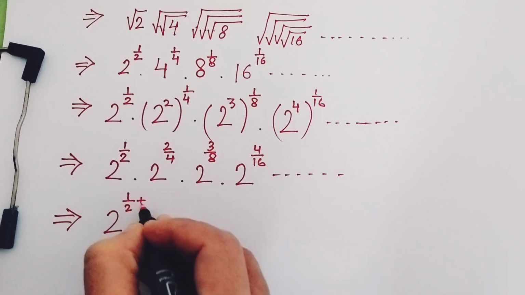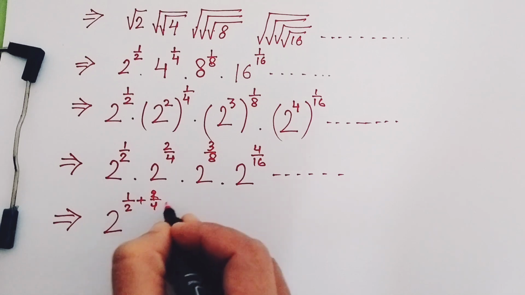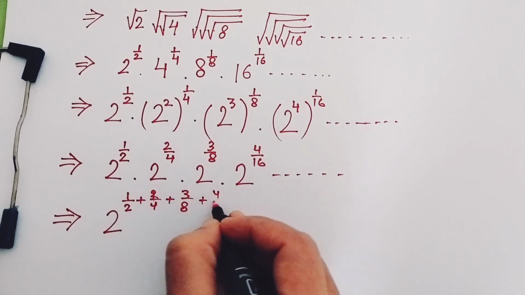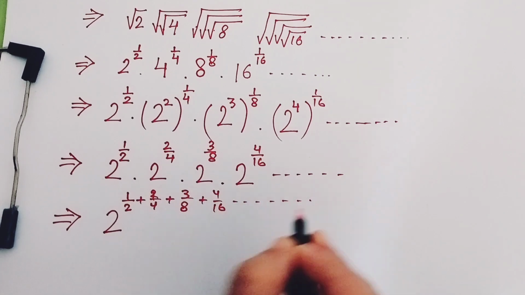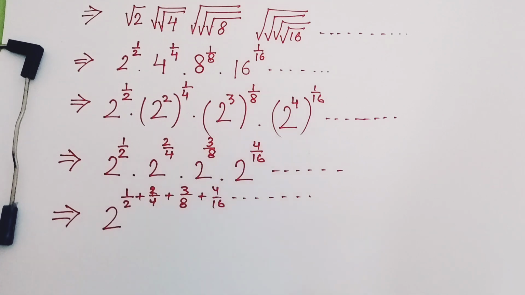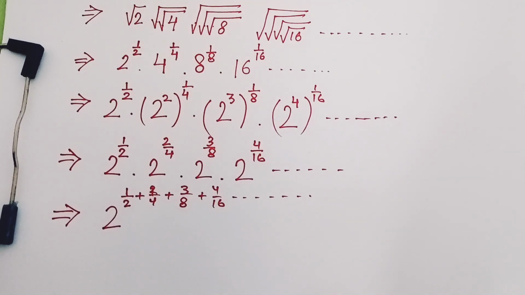So we have 1 by 2, 2 by 4, 3 by 8, 4 by 16 up to so on. Now basically we need to find this sum. So first we find the sum and after that we will continue it.